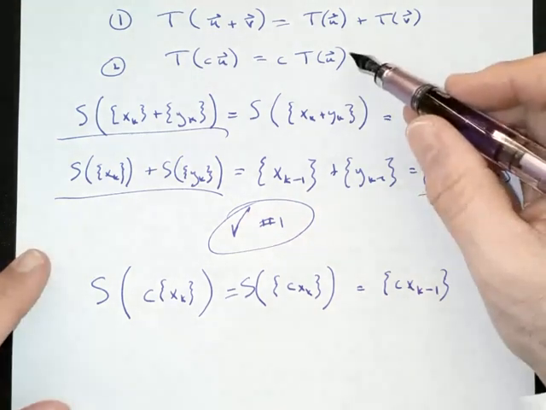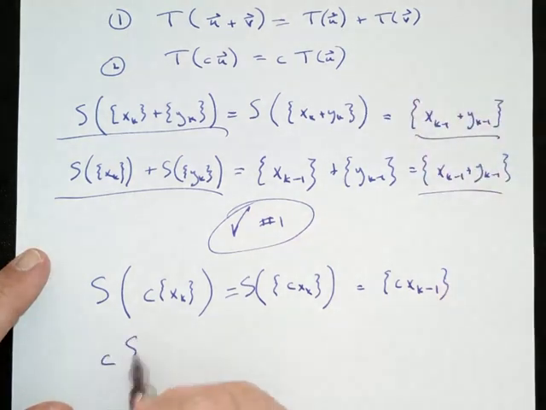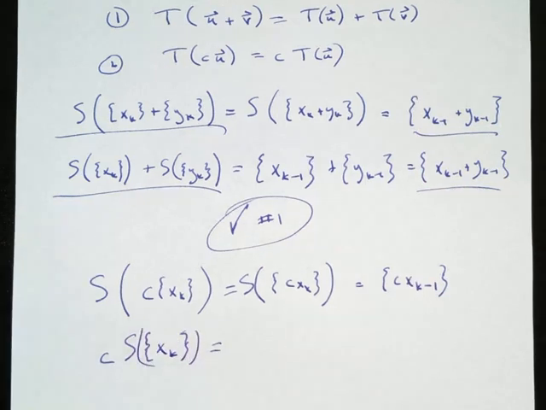Look at the right-hand side. c times S of xk. What's the shift do?